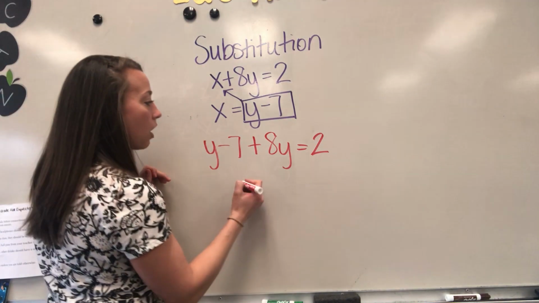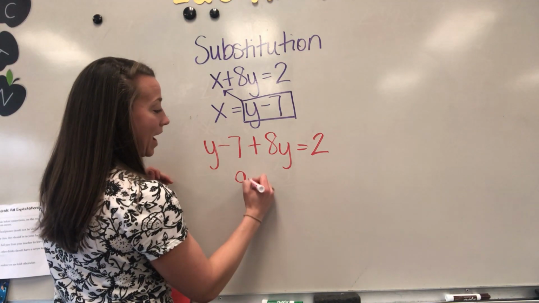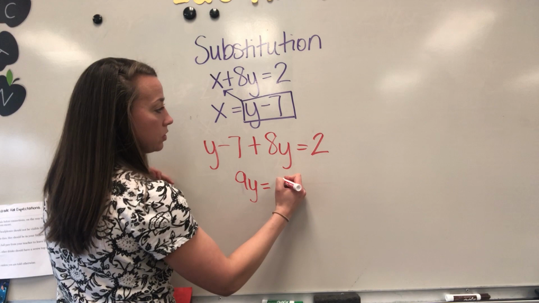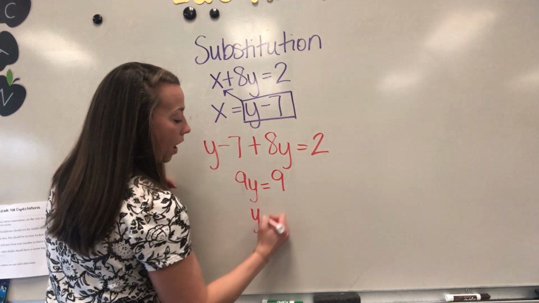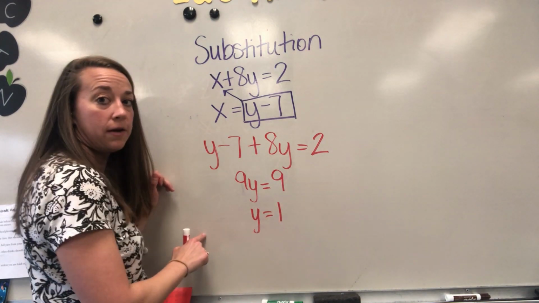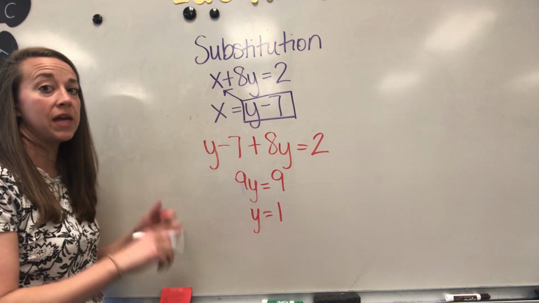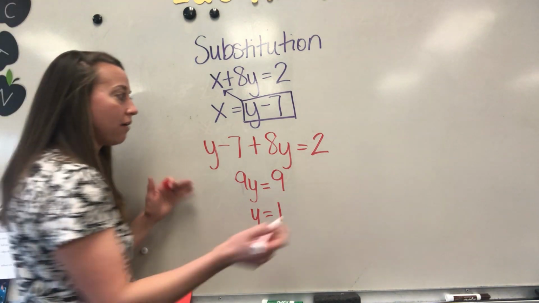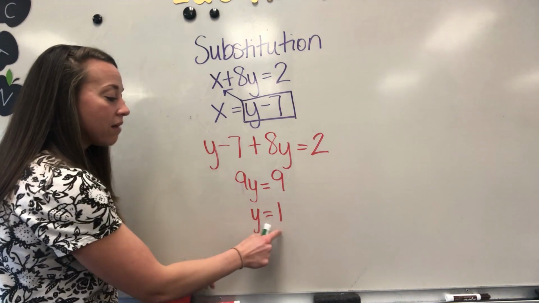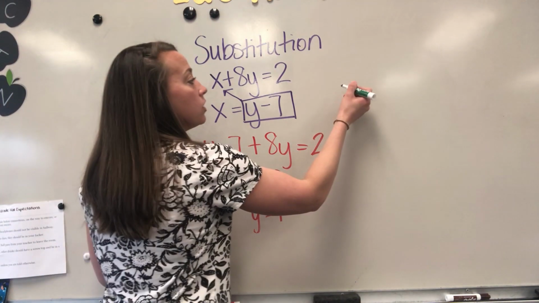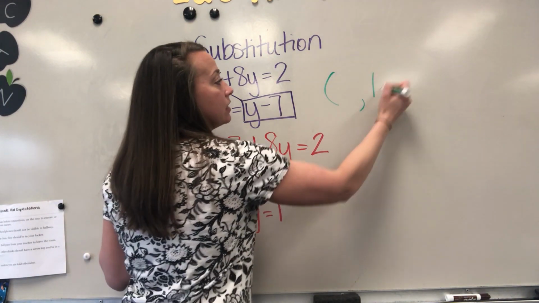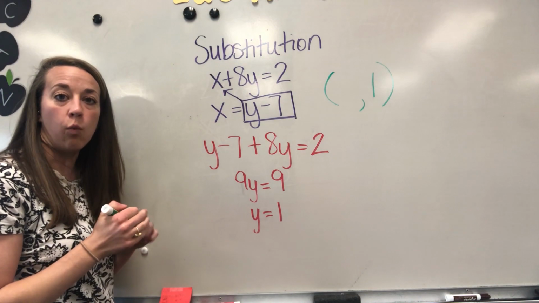So here I'm going to solve and I'm going to have 9y is equal to 9. So y is equal to 1. Now this again gets me half of my solution, but only half. So this tells me that the y value of my solution is 1. So I don't know what x is, but I know that my y is 1.